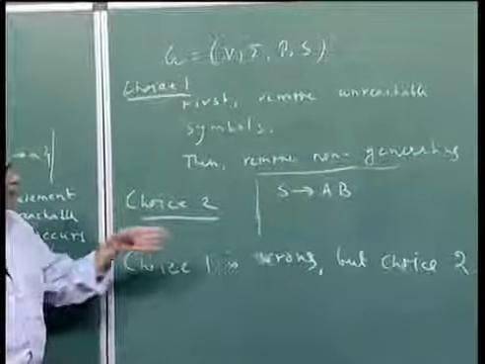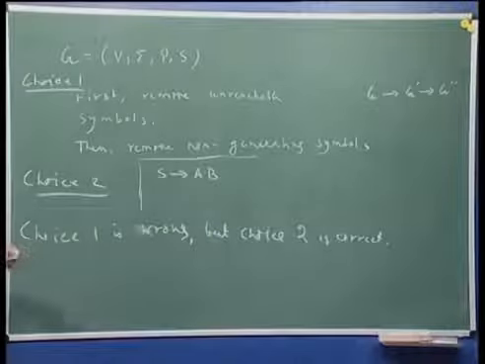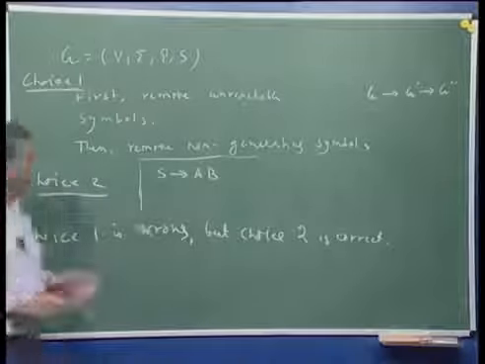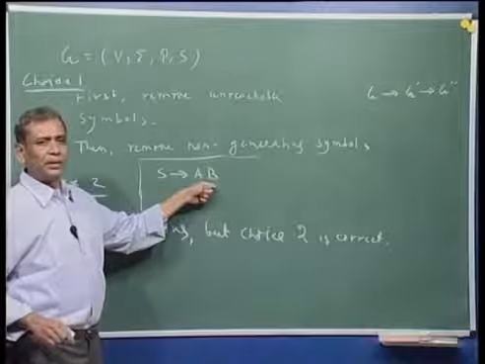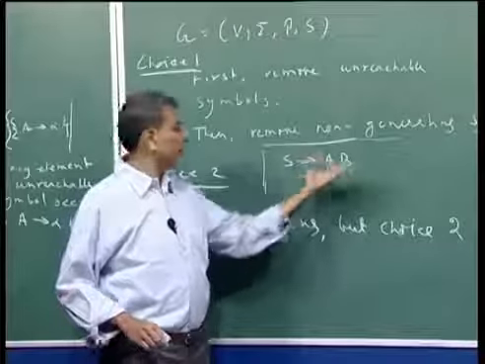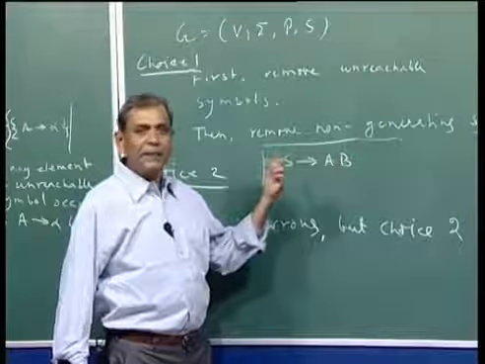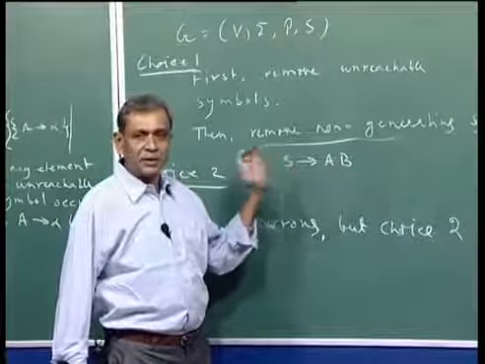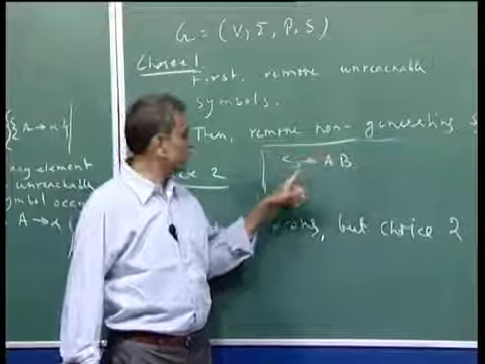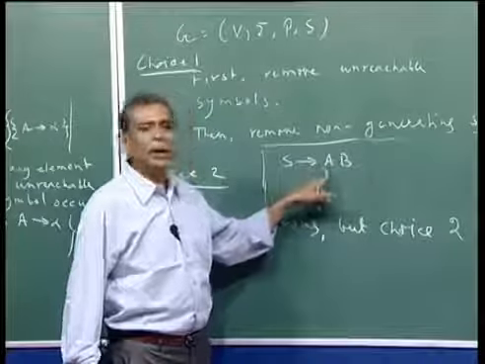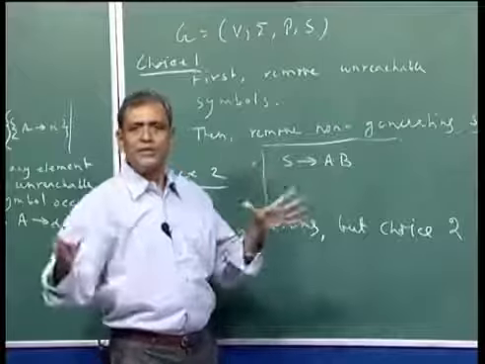And then later on you found that B is non-generating. So, then you would remove this production. Now, it might be that because of the removal of this production, the link from S to A also goes, although A itself is generating.